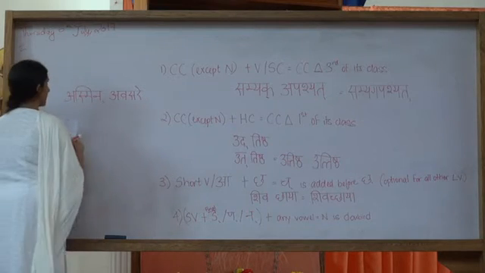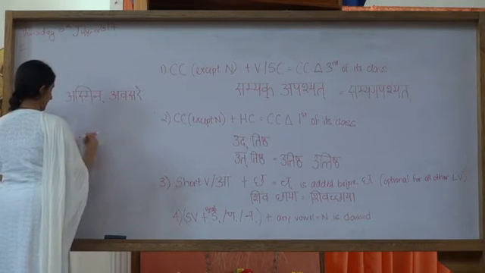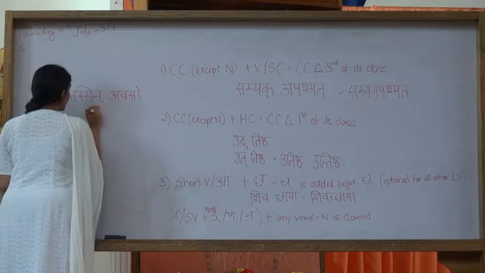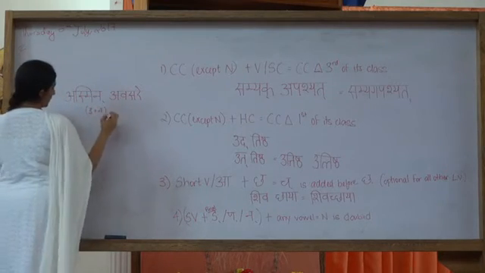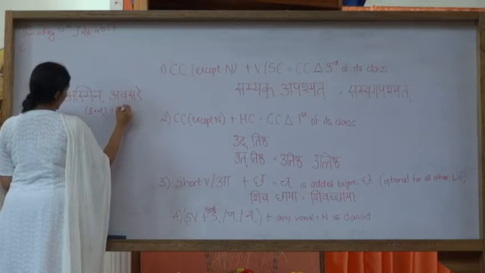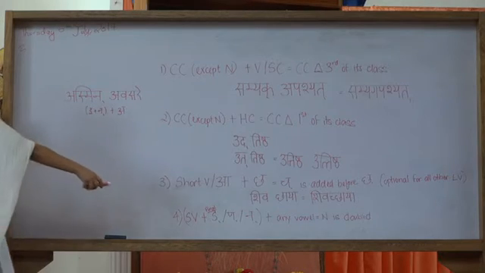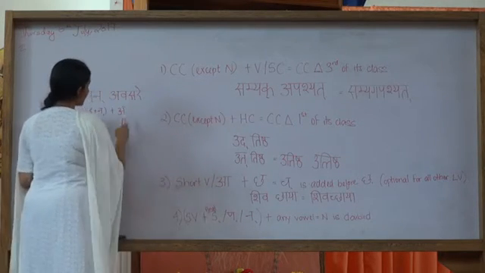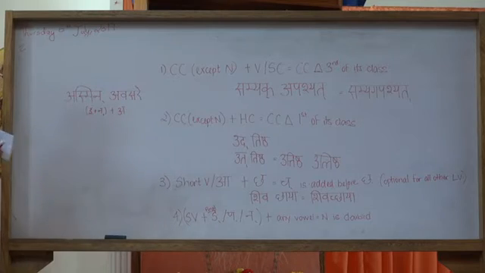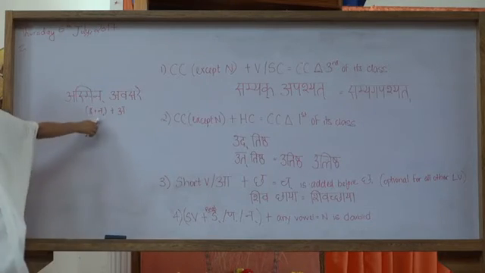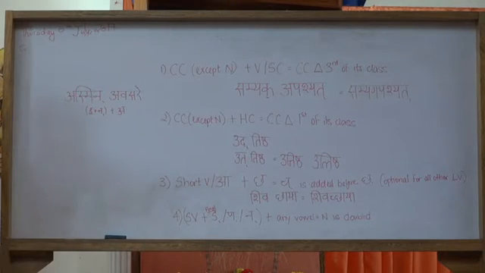So we have a short vowel plus nasal in this word, followed by a. Na is the nasal here, final nasal, and is followed by a. So the rule is that this nasal is going to be doubled.